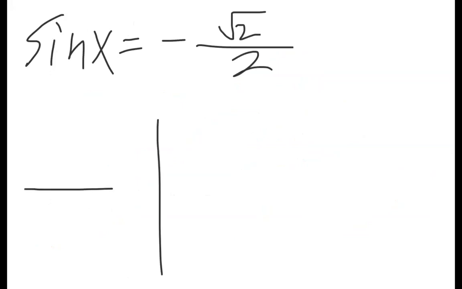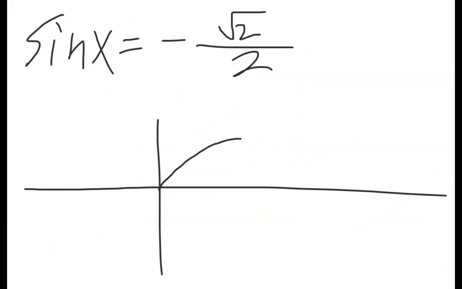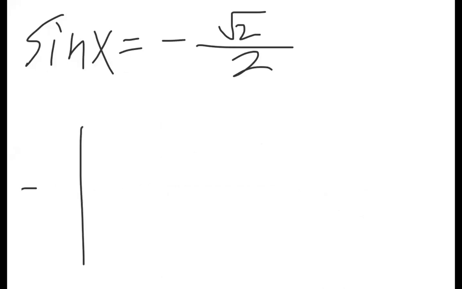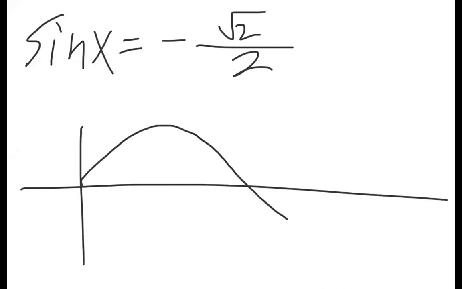Again, we are interested in the region between 0 and 2 pi. Right? Because everything is periodical, you can just add 2 pi's and minus 2 pi's, and we get all the solutions. So we're only interested in the region between 0 and 2 pi.